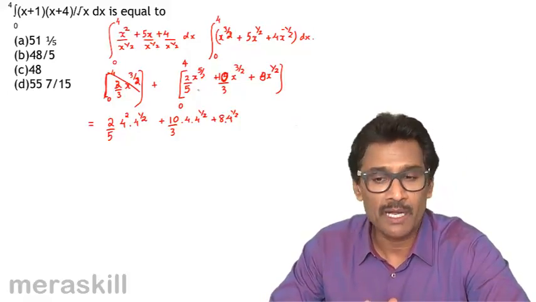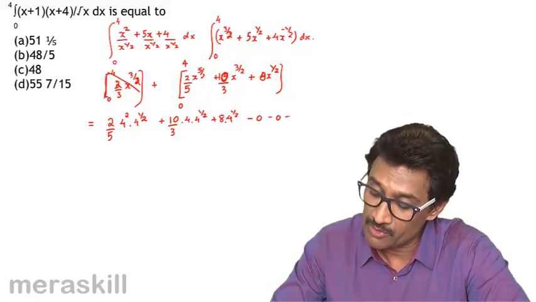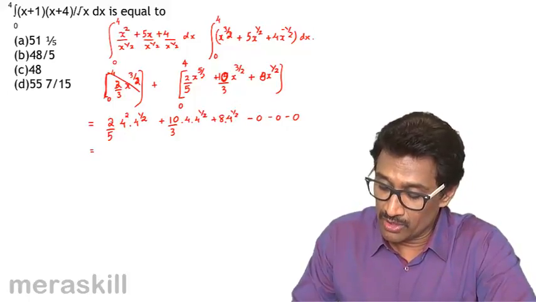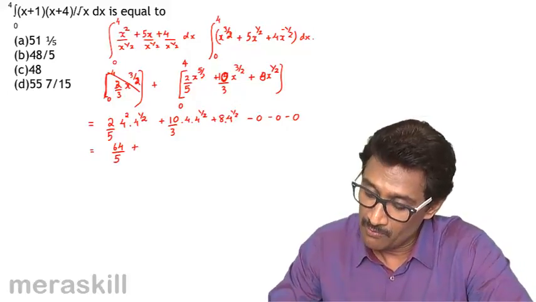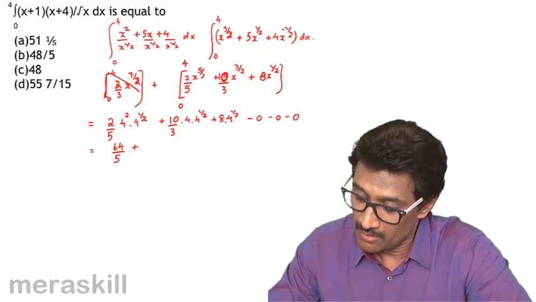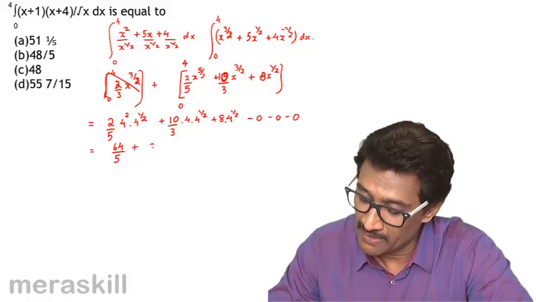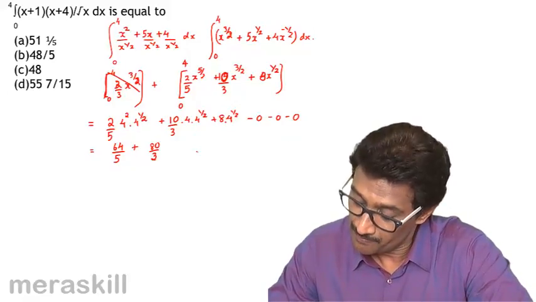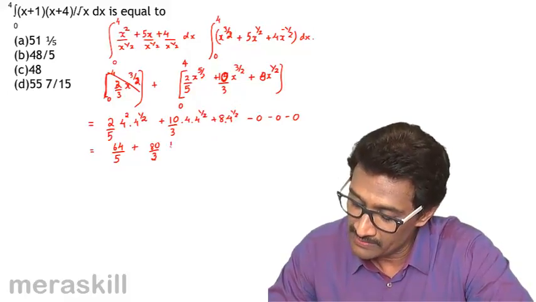And the 0 part in any case will be 2 into 0, 10 into 0, so it's going to be minus 0, minus 0, minus 0. So it's going to be 2 into 32 by 5, that is 64 by 5, plus 80 by 3, then 8 into 2, that is 16.